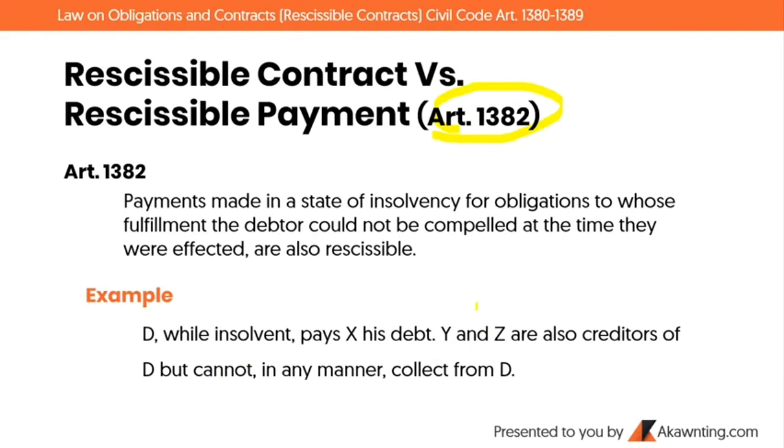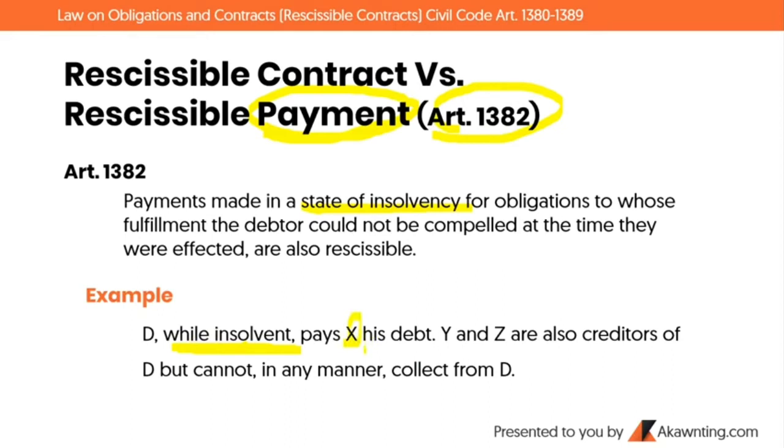Okay, so ang key concept na titignan nyo dito is, nagkaroon ng payment during a state of insolvency. Kung mapapansin nyo, state of insolvency yung binanggit dito. So, D, while insolvent, pays X his debt. In this case, sino ang pwedeng magpa-rescind? Malamang yung mga other creditors ni D kasi hindi lang naman si X yung creditor niya dito.